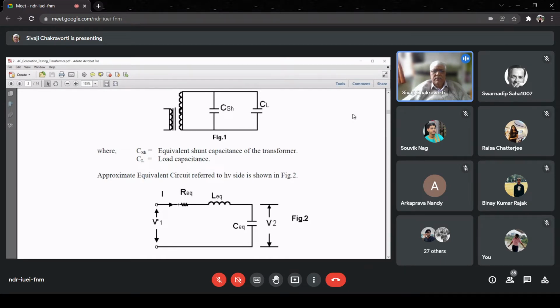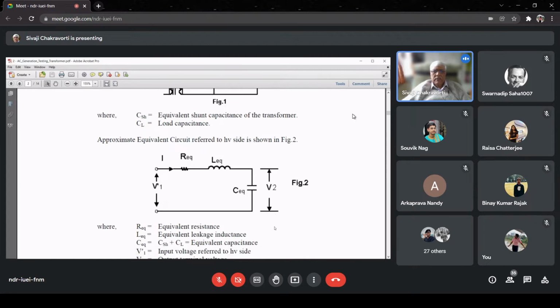So here we are representing everything in terms of the secondary, that is the high voltage side in this particular case. Whereas the voltage across the C equivalent, as you can see from figure 1, that is the actual voltage that is appearing across the test equipment. So, or we can say that is output voltage, and that is V2.